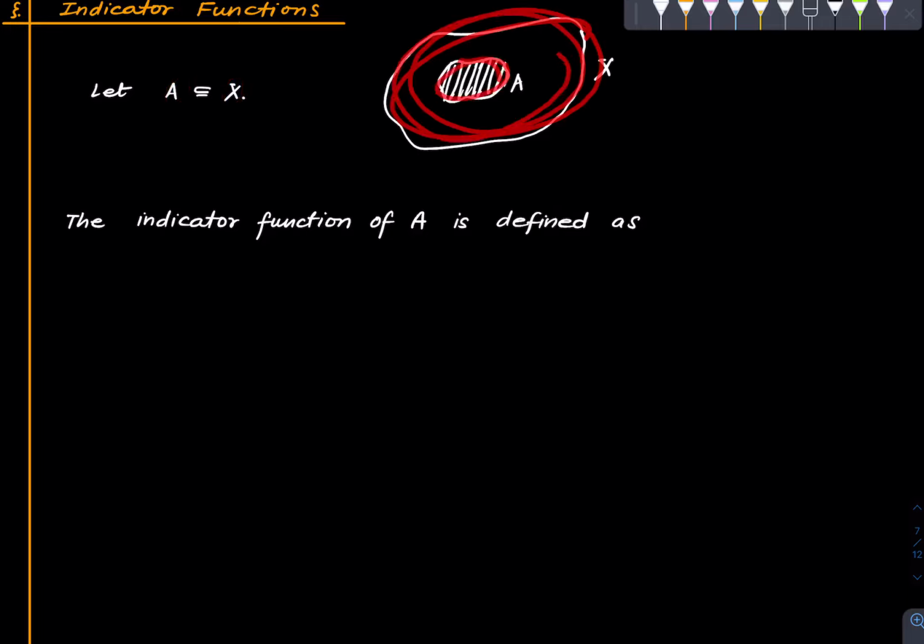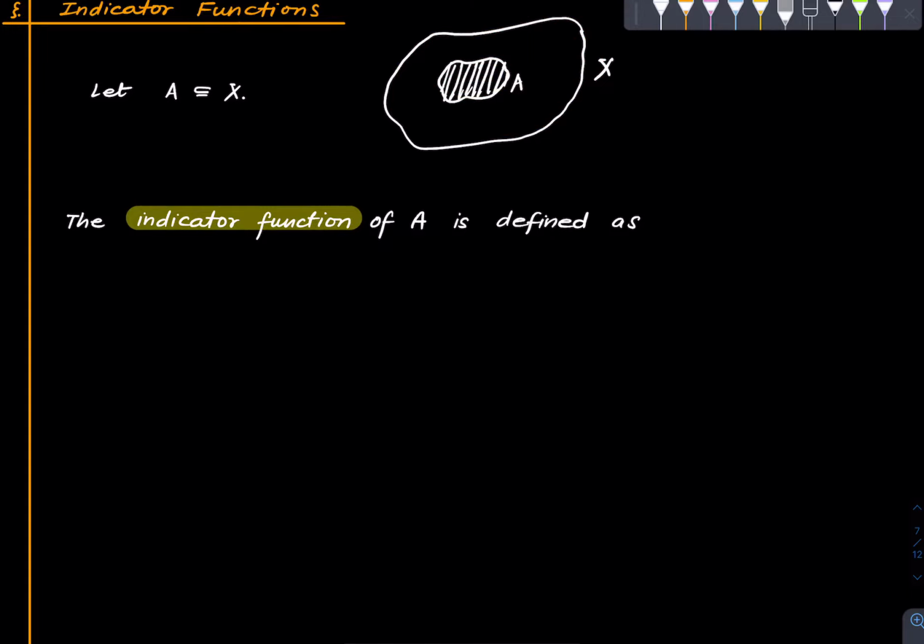So this is X and that is A. Then the indicator function of A is defined as the map, the notation is 1 sub A, and it is a map from X to {0, 1} or R, whichever. You can write whatever you like there. I will comment on that, but for now the target is this.